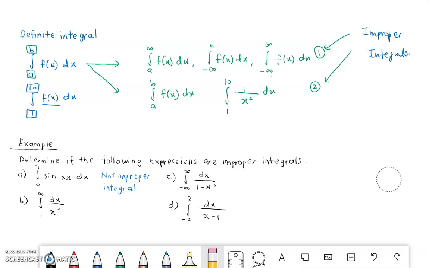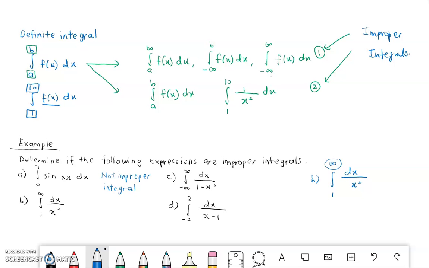Now we go to B. We have the integral of dx over x squared from 1 up to infinity. We can see that we have an infinite value at the upper limit of the interval. So this falls under type 1 of the improper integrals, where one of the limits is infinity.